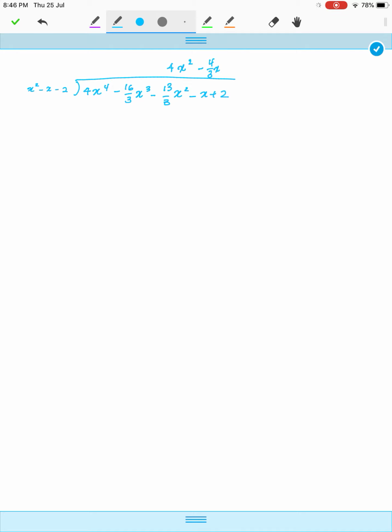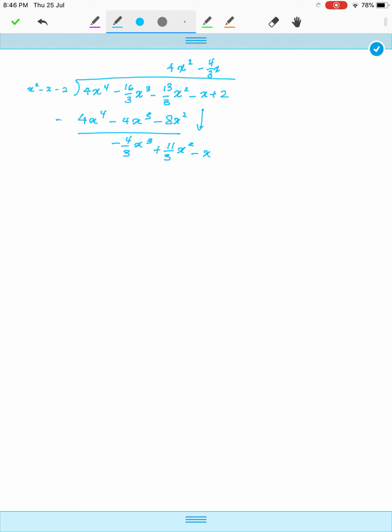So what we have so far is 4x power 4 minus 4x cubed minus 8x square. If you subtract that, what you have is negative 4 over 3x cubed plus 11 over 3 x square minus x, which, as I said, you bring this down.